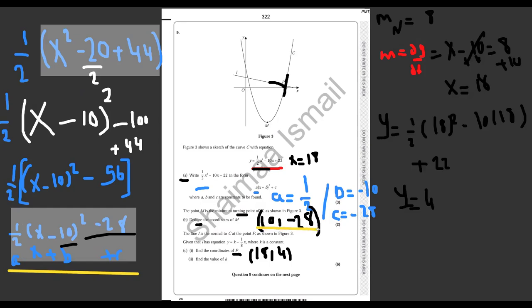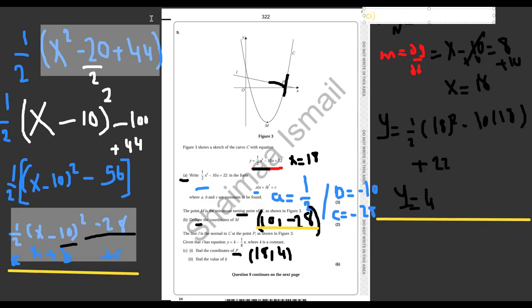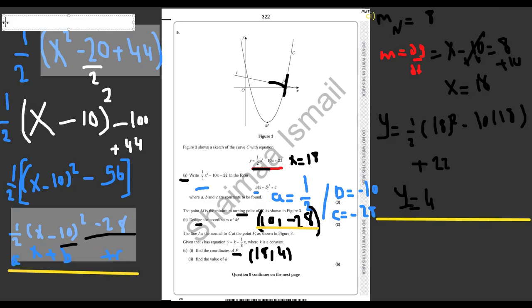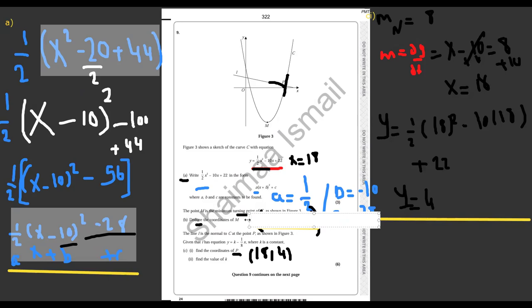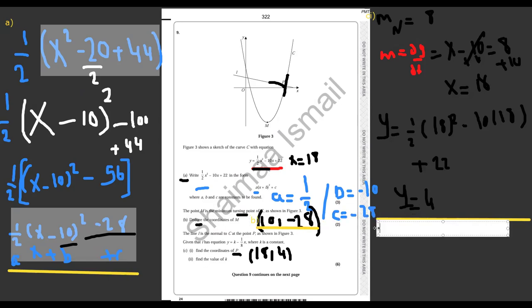And C is like here. And then B, we already did it from A. So we need here B and C.